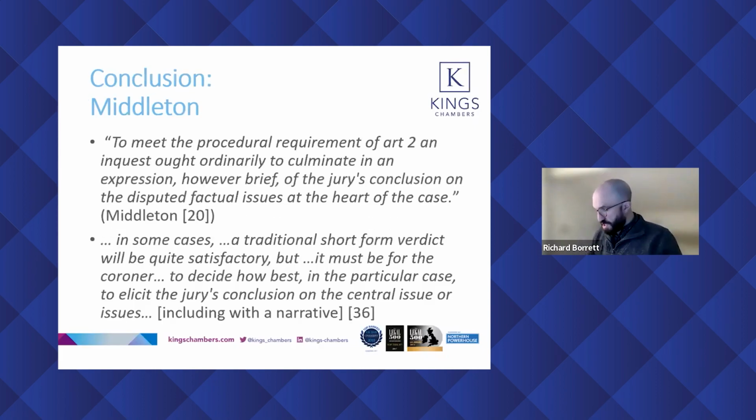The other significant difference with an Article 2 inquest is the conclusion. In an Article 2 inquest, it must be an expression of the jury's conclusion on the disputed factual issues at the heart of the case. That principle applies whether there's a jury or not.